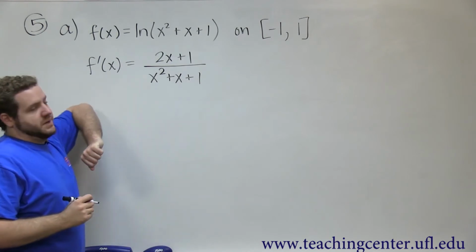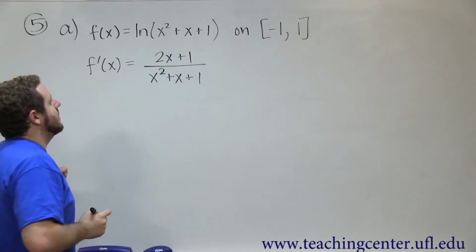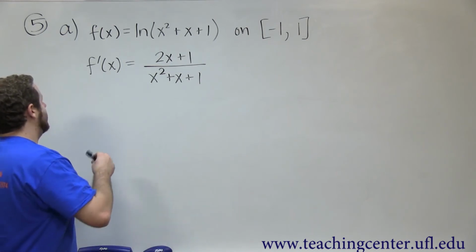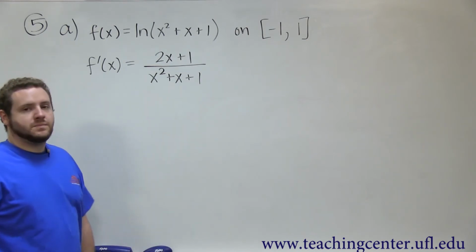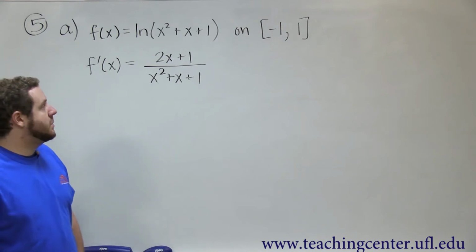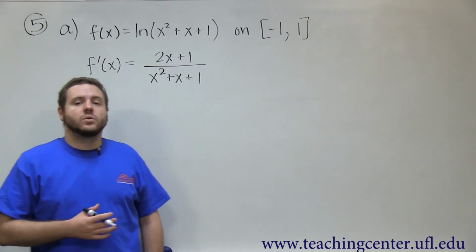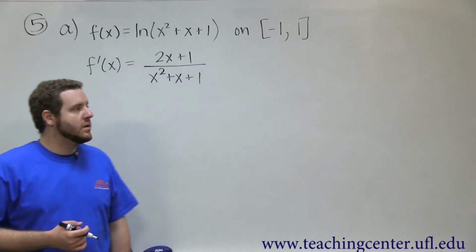So if that's your derivative, we need to find the critical numbers that are in between -1 and 1. So we need to find the critical numbers of f of x, which means that for the derivative, we want the numerator or denominator to be 0.